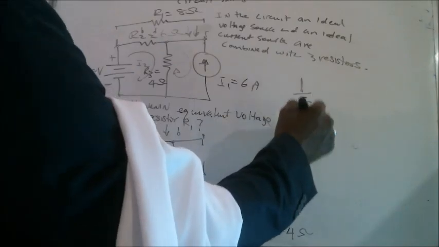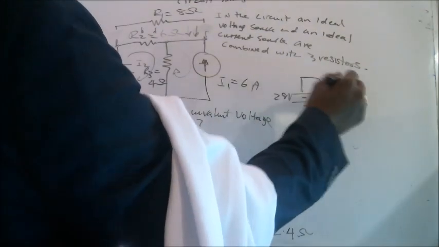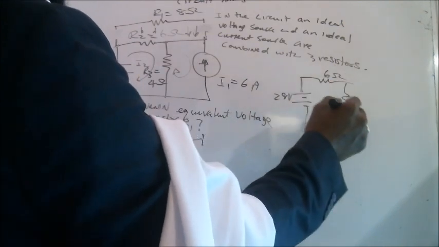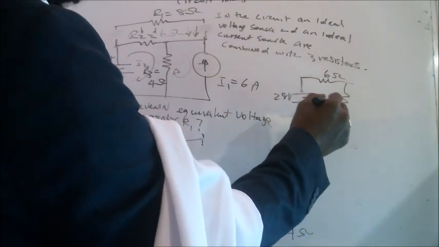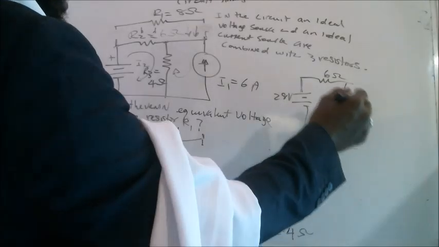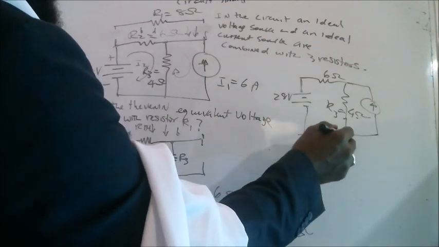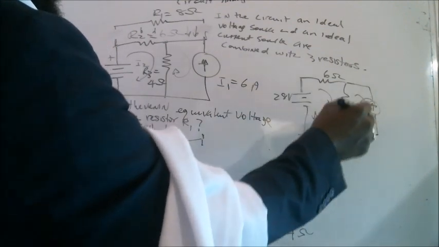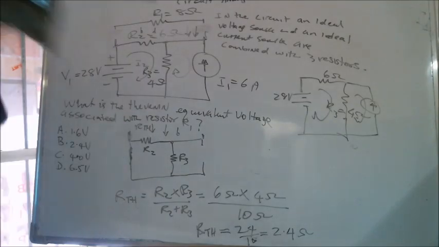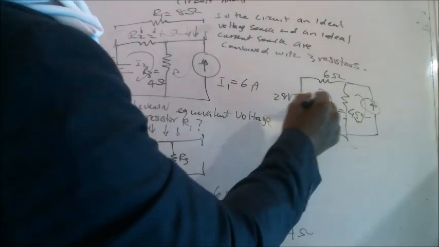This is 28 volts. This is R2, which is 6 ohms. And this is R3, which is equal to 4 ohms. And again, the current source. So we redraw the circuit and solve the loop. If you solve this loop, this is I2 and this is I1.